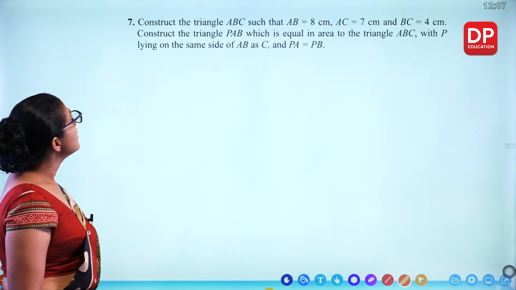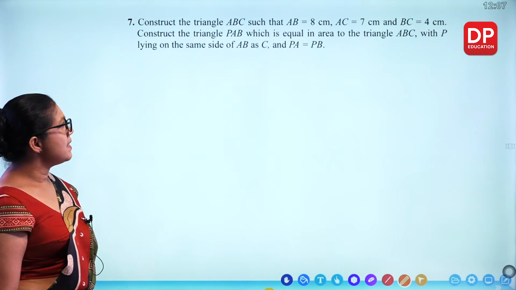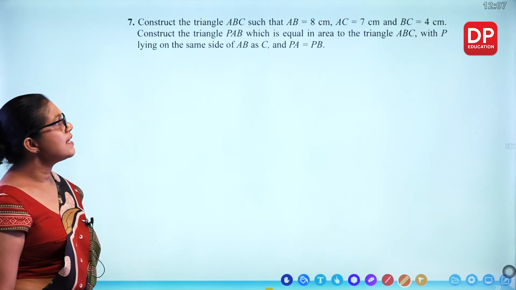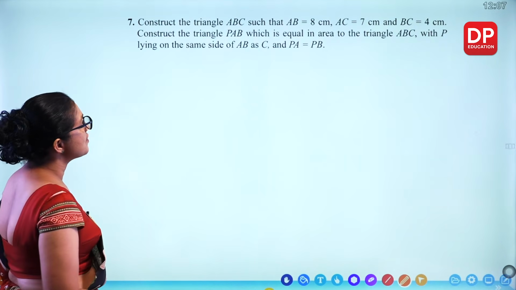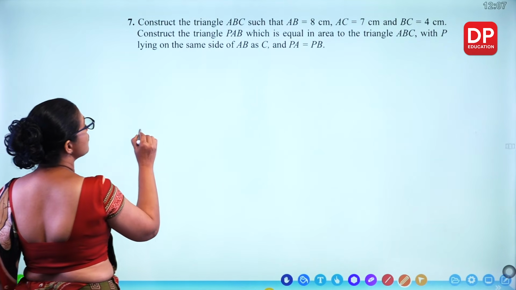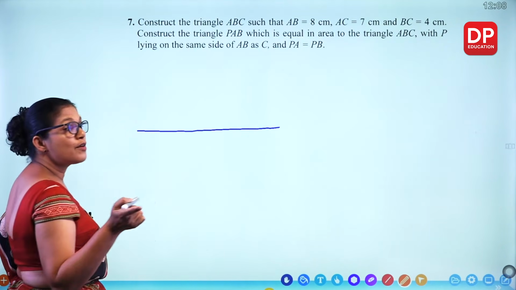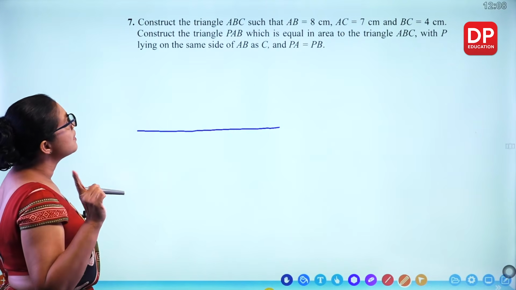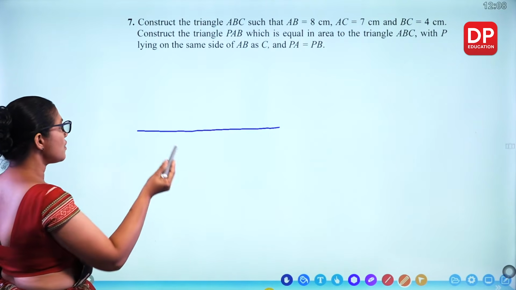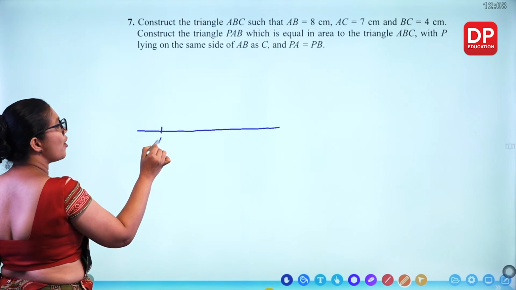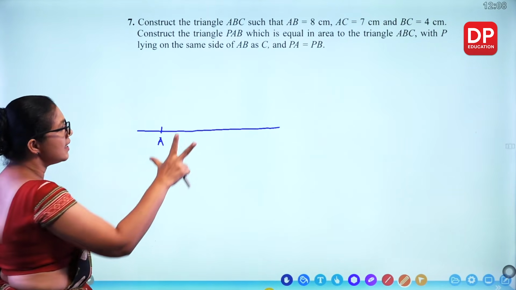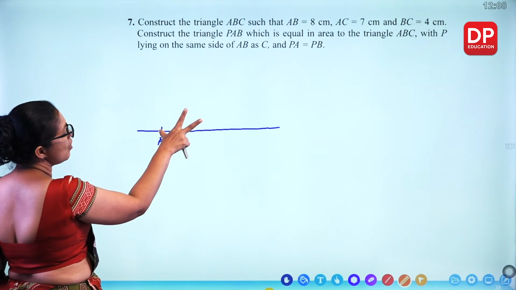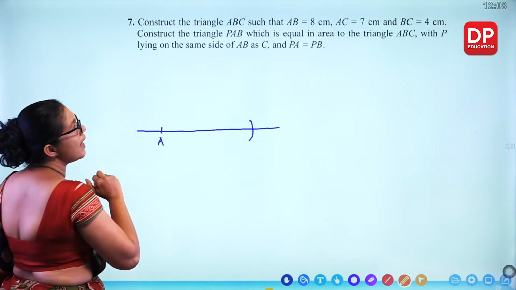Question number 7. Construct the triangle ABC such that AB is 8, AC is 7 and BC is 4. When you are constructing, you need to take only the ruler and the compass. AB is 8. So we mark point A, take the compass with length 8, keep the point on A and draw an arc.